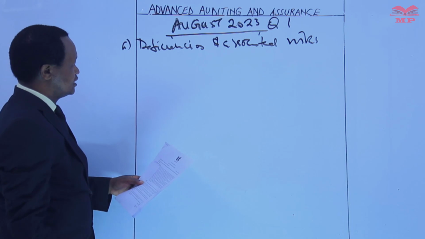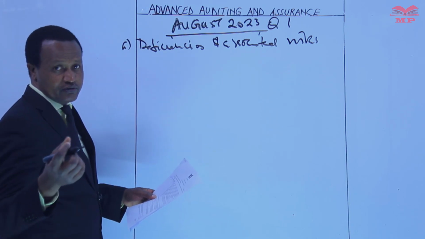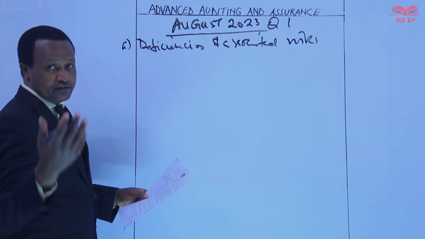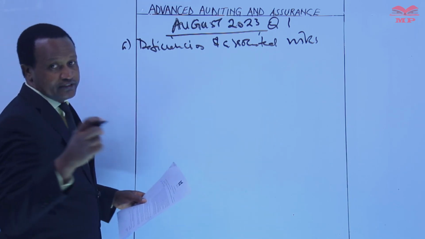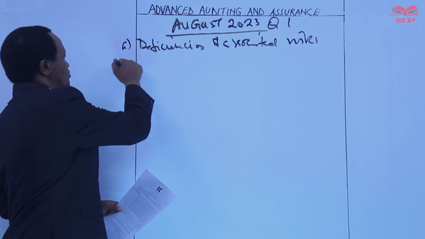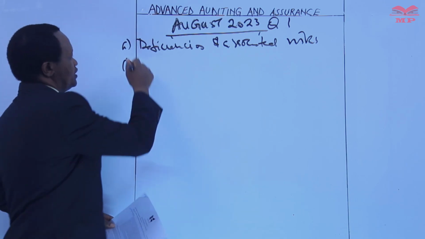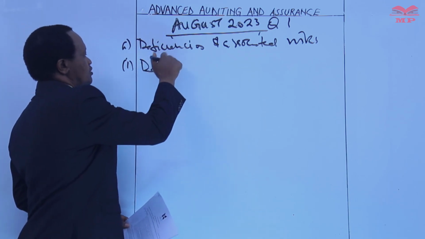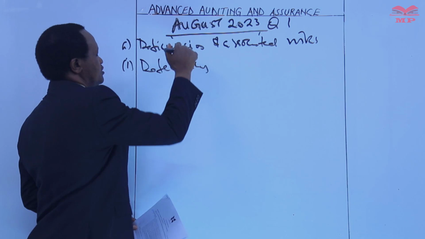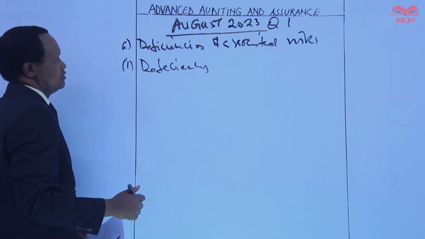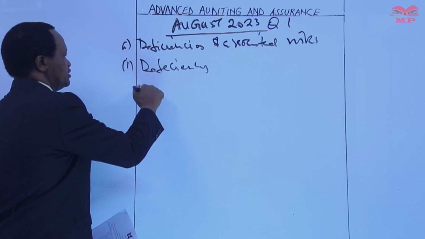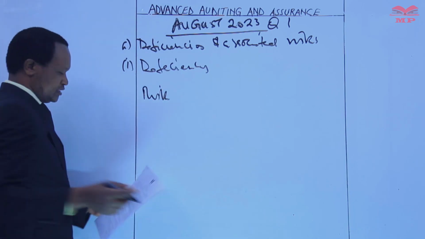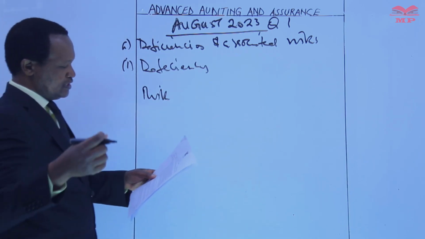So candidates were required to give deficiencies and risks. So Roman 1, you have to give first of all one deficiency, then you give the associated risk to earn 2 marks per point.